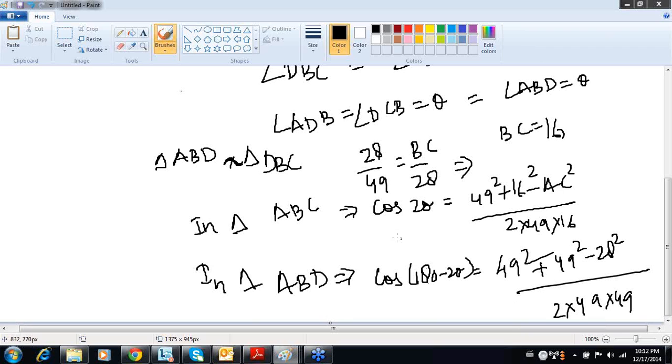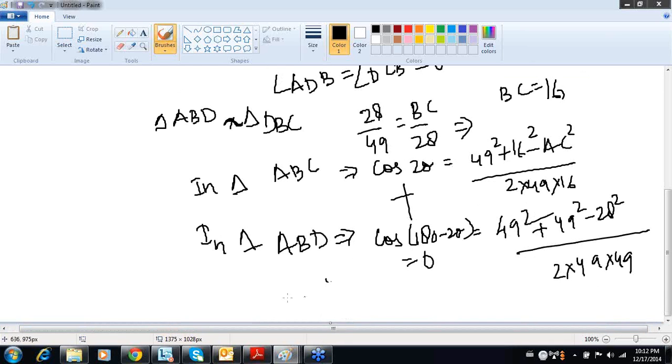Now we know cos theta plus cos 2 theta is equal to 0. Just equate these two to 0 and find out the value of AC. If you equate these two equations to 0 and find out the value of AC, AC will come out to be 63.